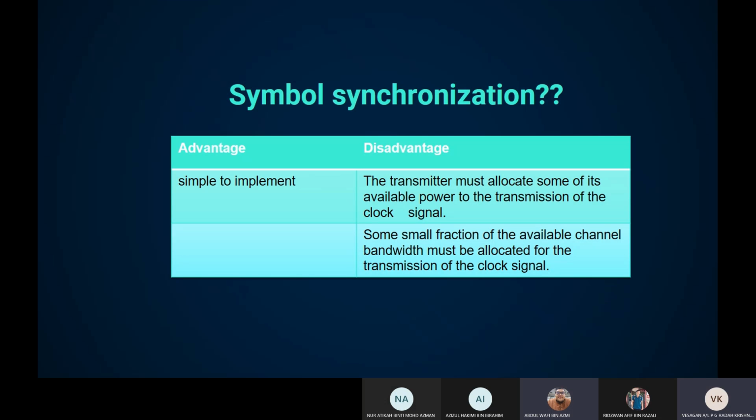Through its simplicity in implementation, the transmitter has to allocate some of its power and some part of the channel bandwidth to the transmitter clock signal. This approach is commonly used in communication networks that use wide bandwidth to relay signals from a large number of users.